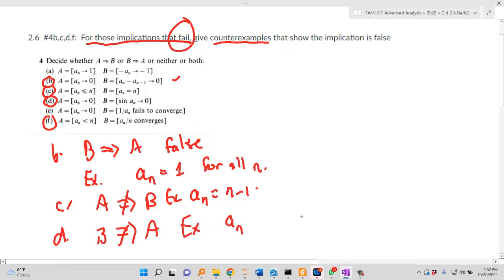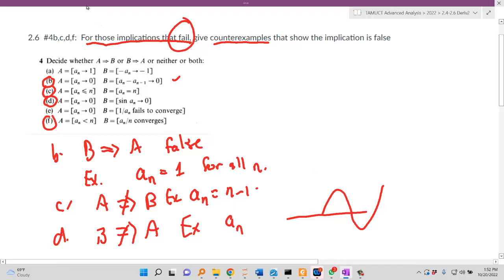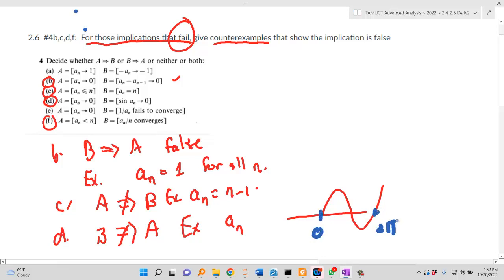One thing I can show is that if you draw the graph of sine, suppose I take a sequence of points, so this is 0, and then this one would be 2 pi, that approach this point here, then that would be an example.